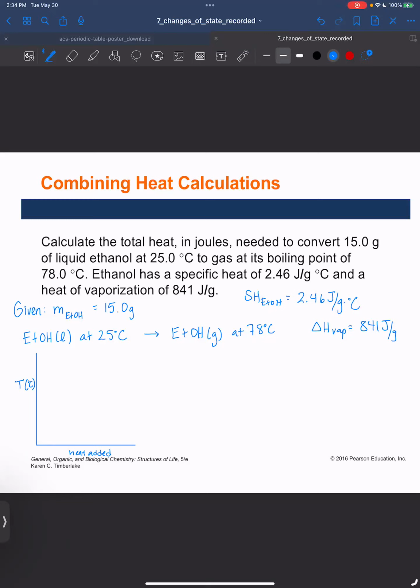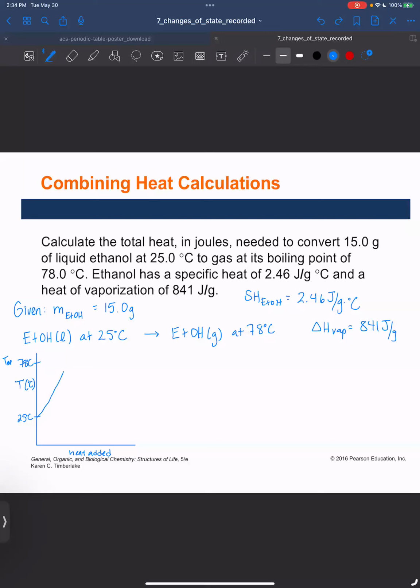And it looks like we are at 25 degrees Celsius, and that's when ethanol is a liquid. And then we're heating it up to the boiling point. So I'm going to do 78 degrees Celsius here. That's the boiling point. So before ethanol turns into a gas, we have to heat it up. So we're going to start here.